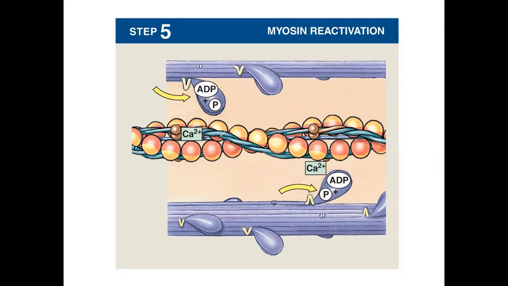And then once inorganic phosphate is released, ADP is also released. This causes what we call a power stroke. And because of this stroke, the myosin head bends and causes the actin molecule to move towards, and hence that is why we have the movement of the actin filaments towards the H band during contraction. Okay, and stop.